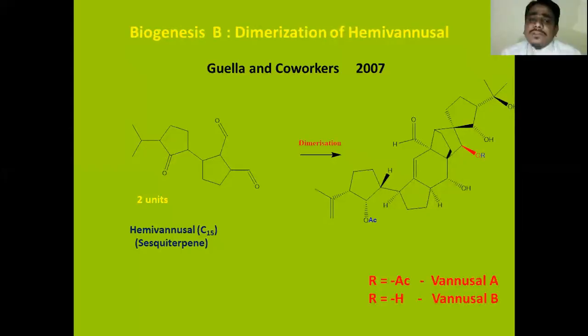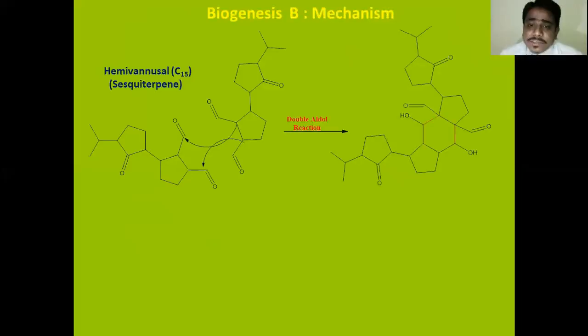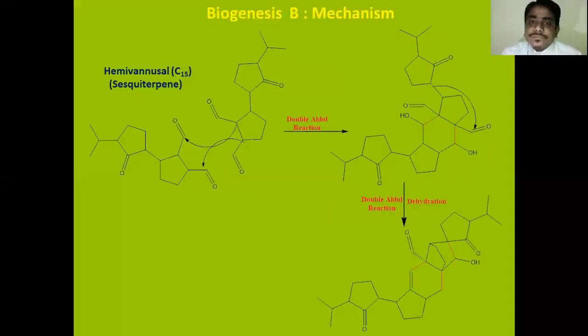Two units of hemivannusal undergo dimerization to form a 30 carbon atom unit, that is Vannusal A and Vannusal B. This is the mechanism for biogenesis B. Here, 2 units of hemivannusal, 15 carbon atoms each, undergo 2 aldol condensation reactions to form a basic skeleton of 30 carbon atoms. After one more aldol condensation reaction and a dehydration reaction, the new 6-membered ring is constructed.